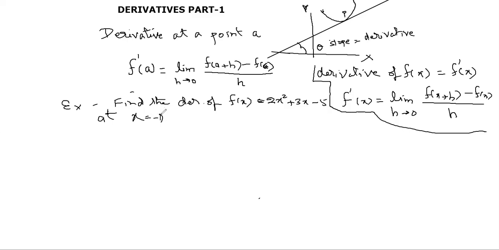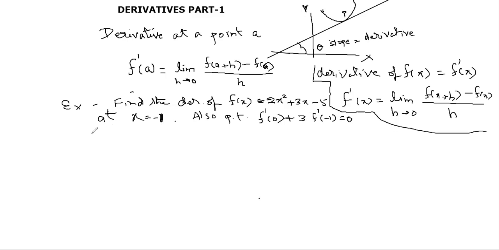First of all we have to find the derivative at x is equal to minus 1, and also prove that f dash 0, the derivative at point 0, plus 3 times the derivative at minus 1 is equal to 0.